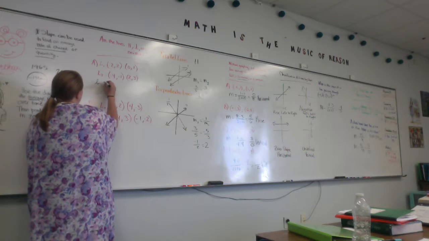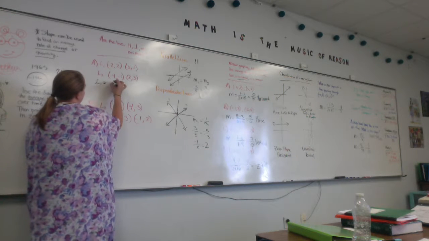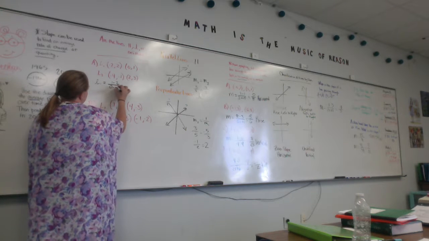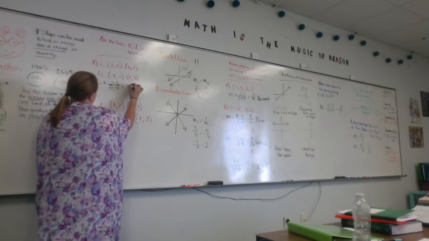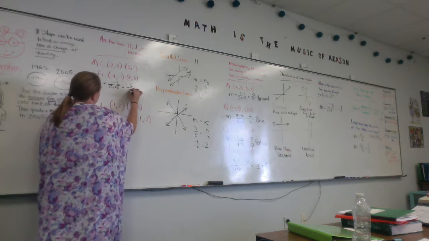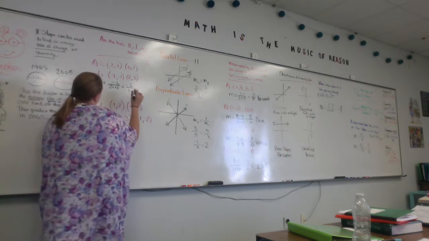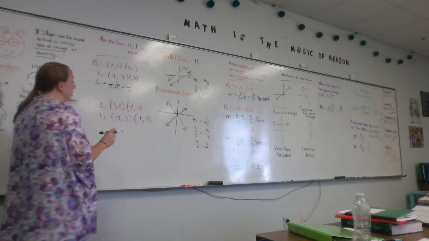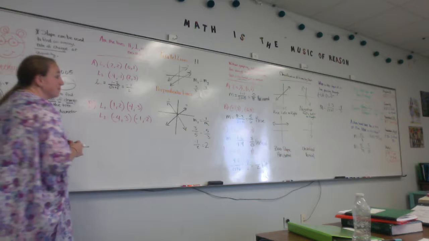So line 1, the slope would be 1 minus 2 over 0 minus negative 2, which would give me negative 1 over 2. Oh, not negative 2, I'm silly. It gives me negative 1/2. Guys, catch my math. Come on.